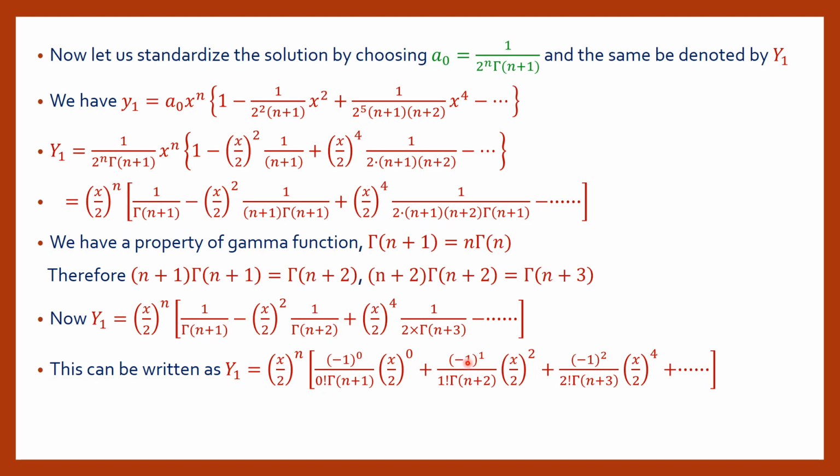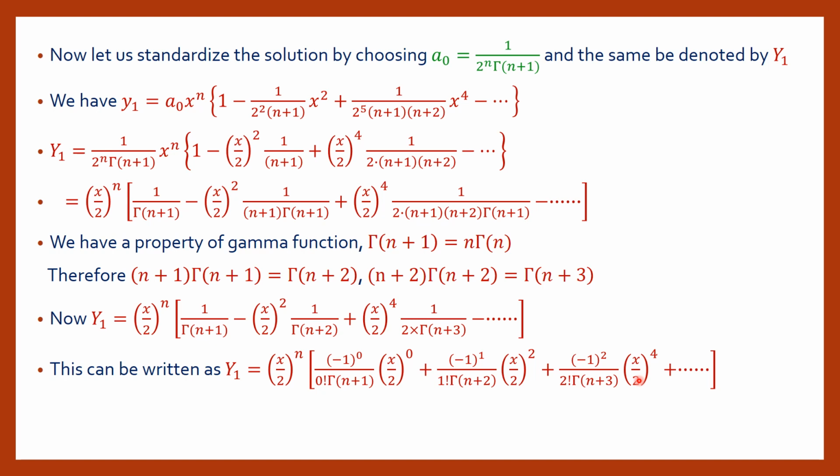So in the previous summation we had a minus term, so we just replace it by minus 1 power 1 divided by 1 factorial, which is 1 only, gamma n plus 2, x by 2 whole power 2, plus minus 1 power 2, which is plus only, so no change, divided by 2 factorial, gamma n plus 3 into x by 2 whole power 4, plus etc. This is just written for generalization purpose.